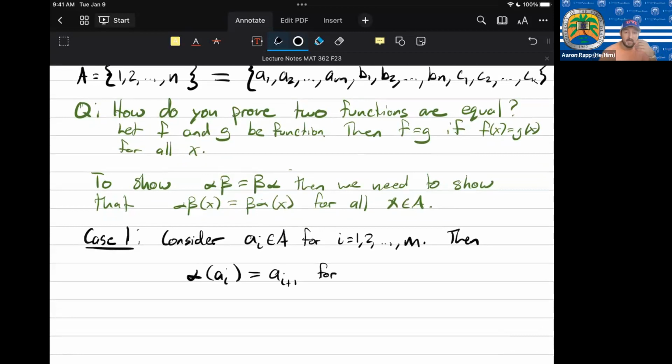And there's a small caveat here. This is only going to be true for I equals 1 through M minus 1.